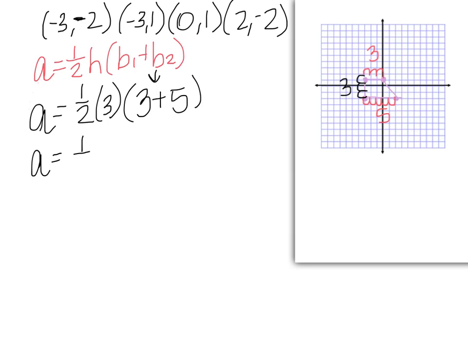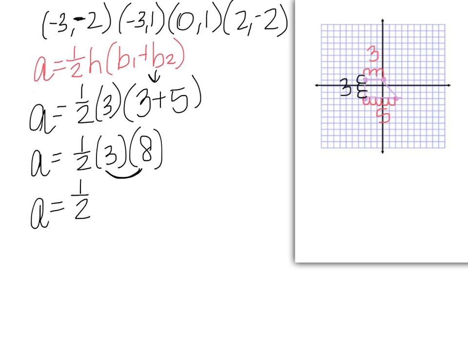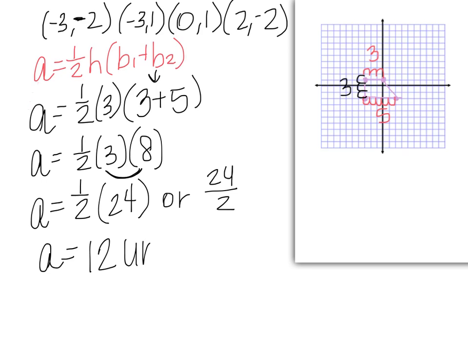So area equals 1/2 times 3 times, well, 3 plus 5 is 8. Again, I'm going to start by multiplying these two together. That's kind of the pattern that I always do first, because sometimes it's easier to divide by 2 at the end. So 1/2 times 3 times 8 is 24. So 1/2 times 24, or you can think of this as 24 divided by 2. So our area equals 12 units squared.